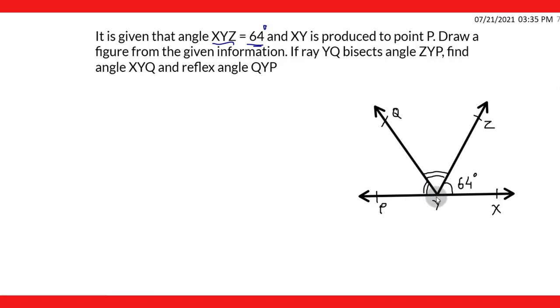Therefore this angle PYQ and this angle QYZ, these 2 angles will be equal angles. This is 64 degree and these 2 angles are of equal measure, and we have to find the angle XYQ.